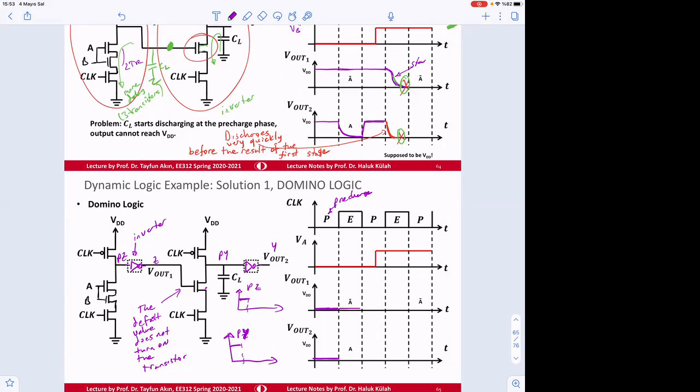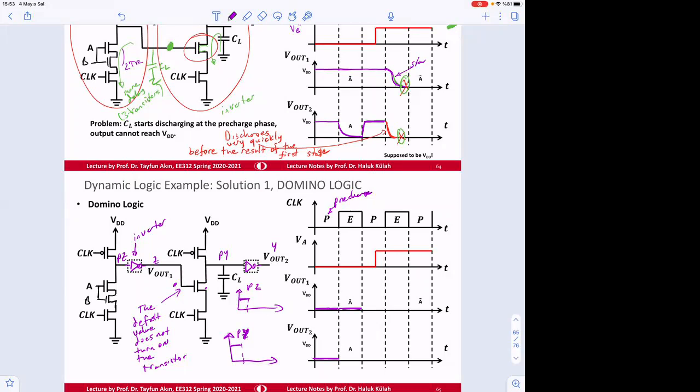And then this one, however, since the output here is 0, the node PY is going to be remaining at Y, and output 2 will go to low again.